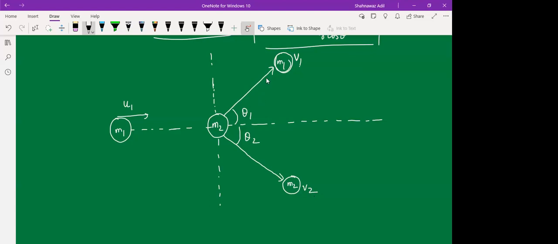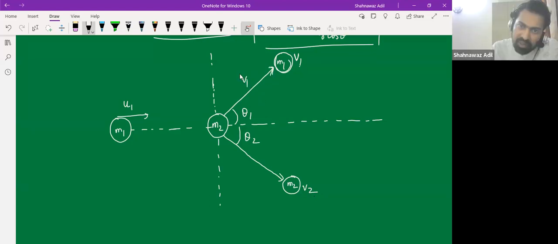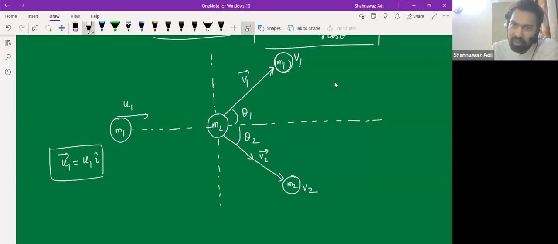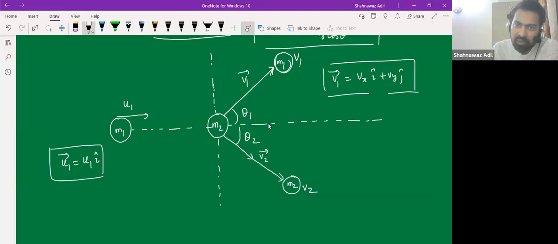So this velocity is v1, and this velocity is u1 vector. u1 vector I wrote in the previous class. This is simply u1 i hat, and v1 was v1x i hat plus v1y j hat, whatever the x component and whatever the y component.